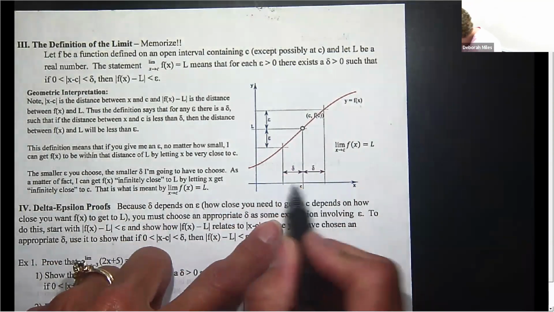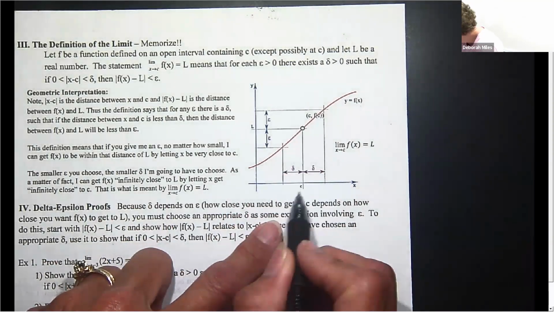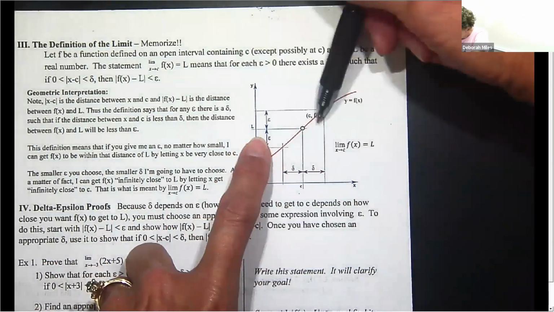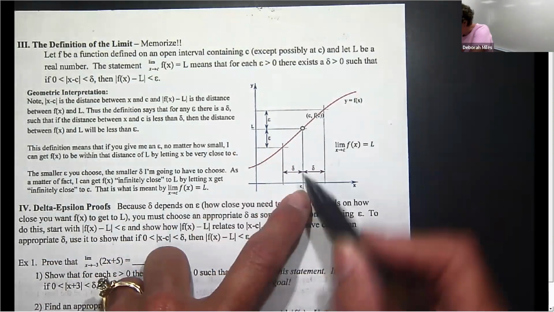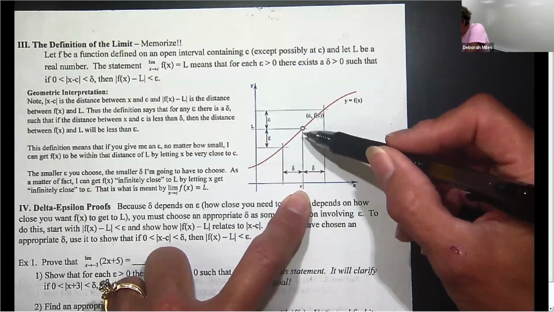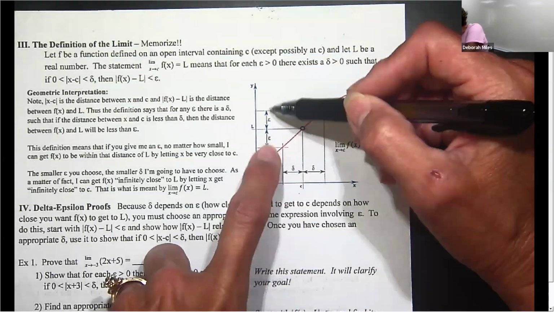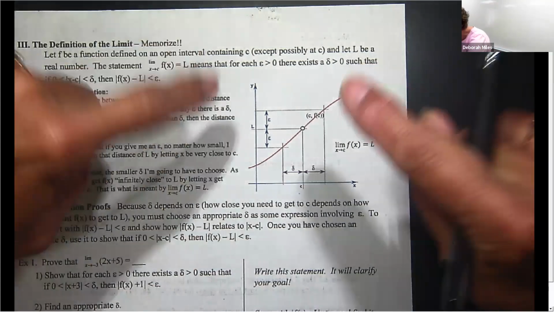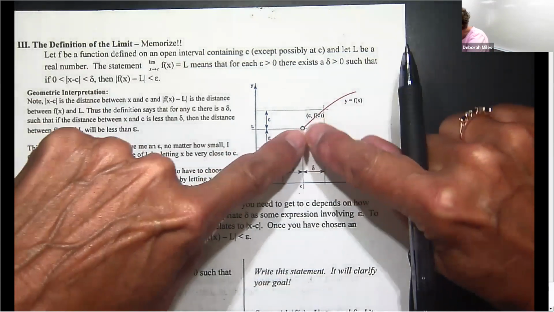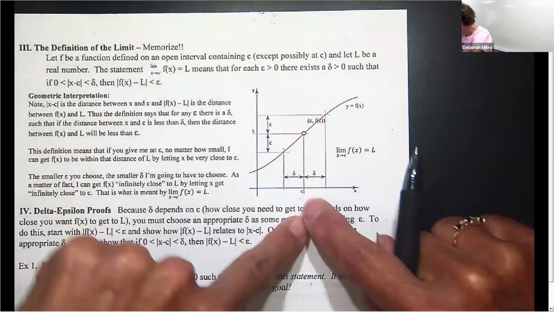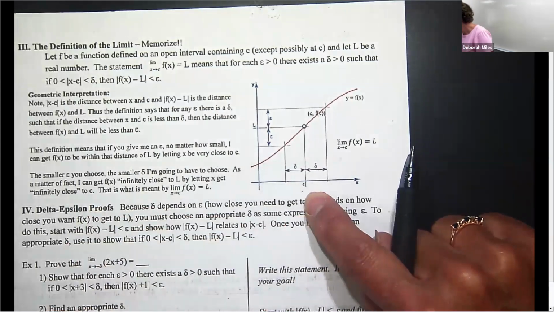X is some value within delta units of C. If you tell me that the limit of this function as x approaches C is some number L, what that means is you give me some tiny distance for epsilon. Epsilon might be 0.01 or 0.001 or 0.0001. You tell me how close you want the function value to be to L, and I'll tell you how close x has to be to C in order to achieve that.